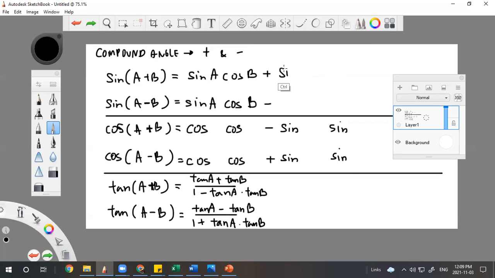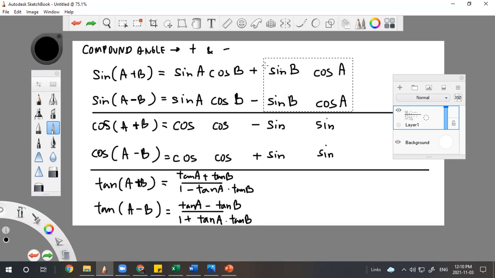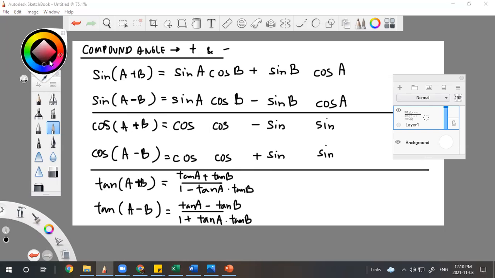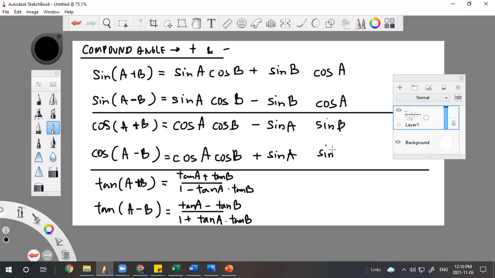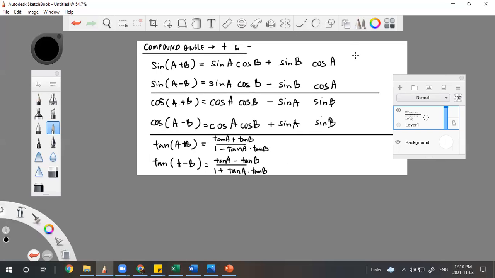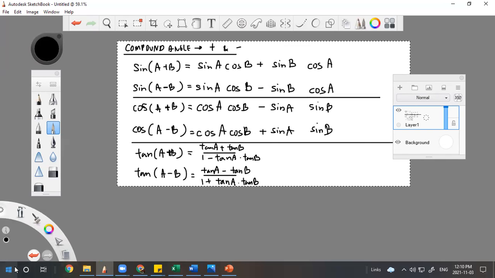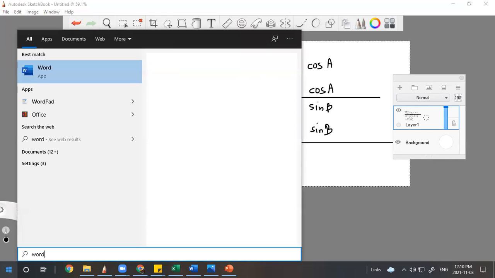But in order to make it easier, you can use this, because we want to combine the sine A plus B to the double angle and half angle formula later. Now how about this? AB, that's it. This also AB. This will be our basic formula of compound angle. I will send this to the Word and I will give you the revision later on.